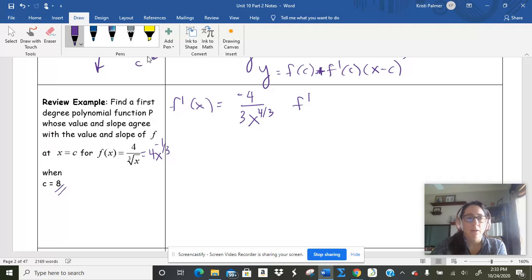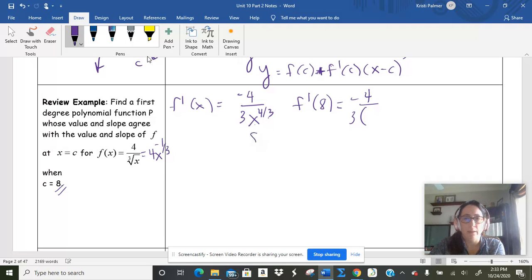Here, the x that we're centered around is 8. So that would be negative 4 over 3 times the cube root of 8, which is 2, 2 to the 4th, 2 times 2 times 2 times 2.